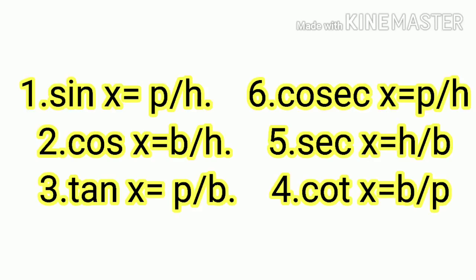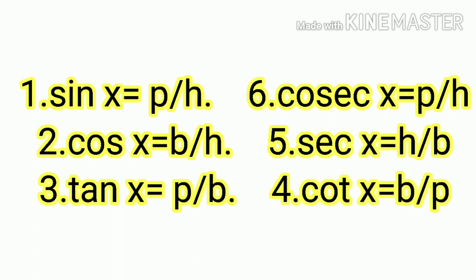If we take the sine ratio of that angle x, then it is always equal to the ratio of perpendicular and hypotenuse. So we can simply say that sine of angle x is equal to p by h.